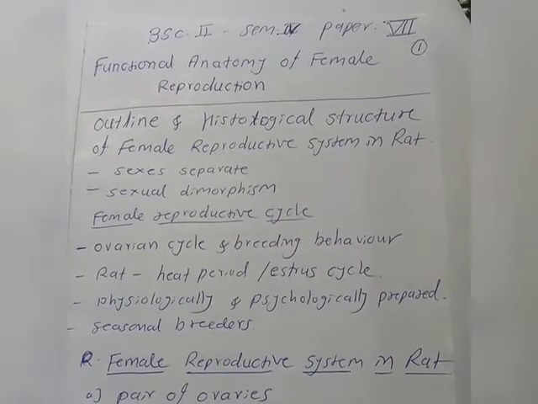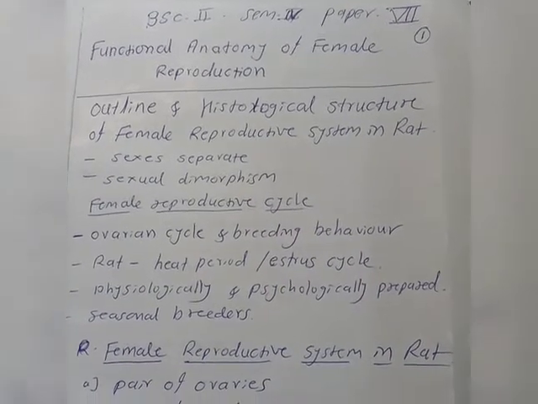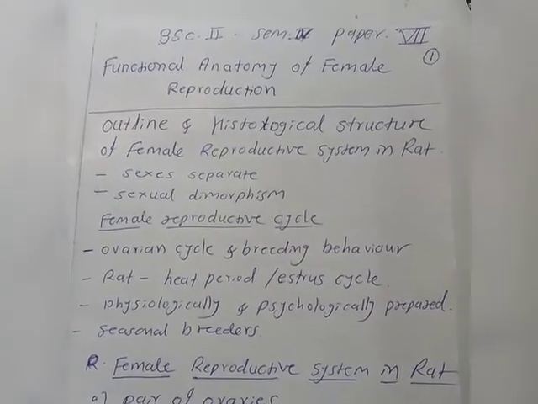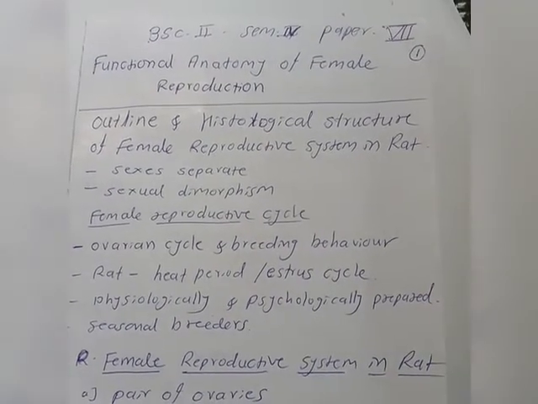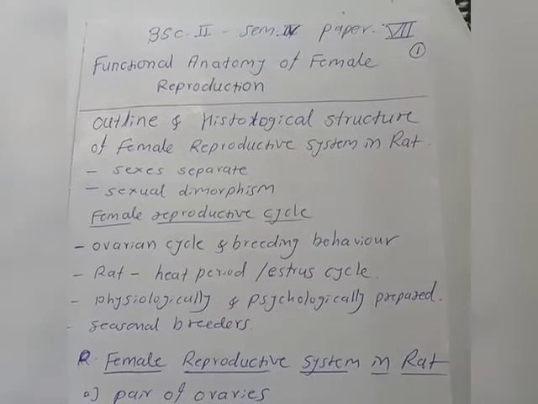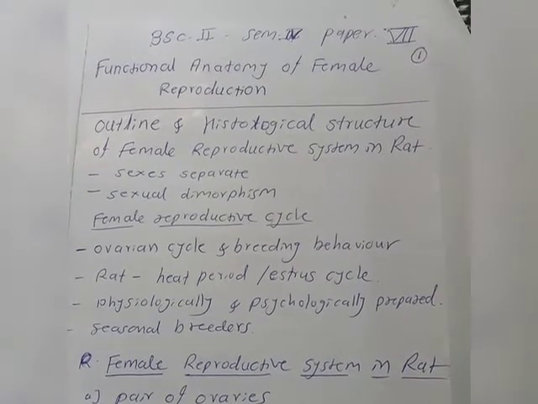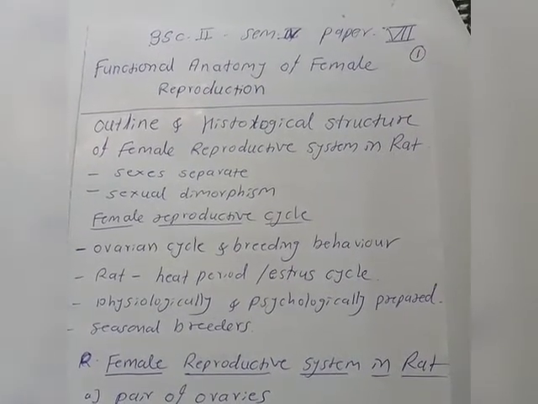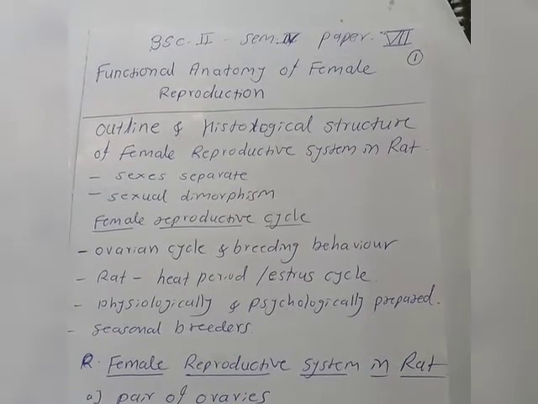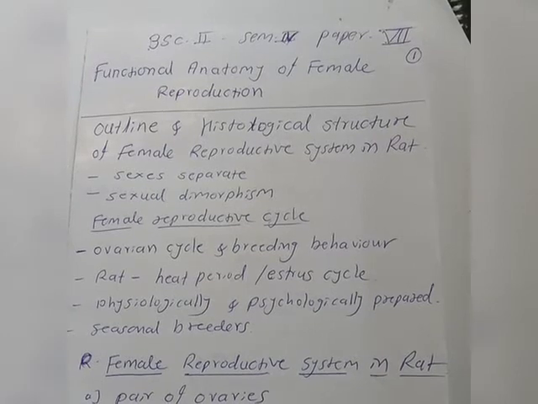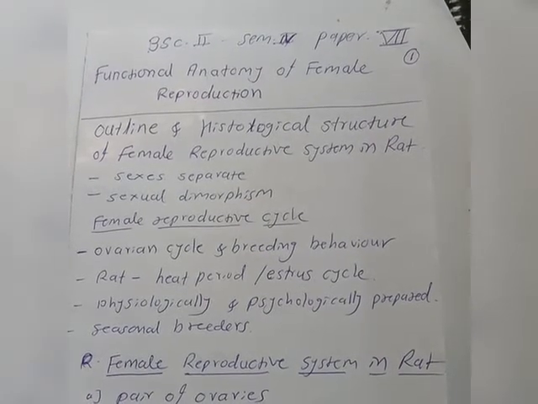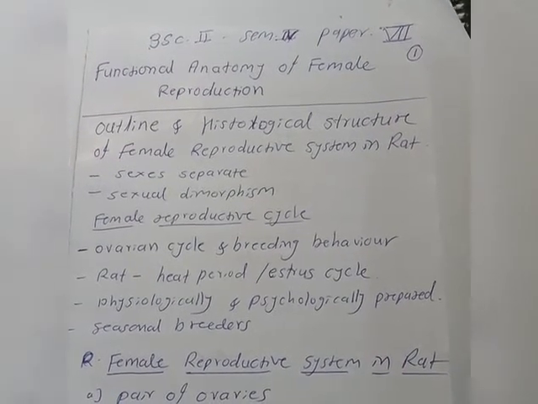In rat, there is an estrous cycle, and during this estrous cycle, the female is physiologically and psychologically conditioned to receive male, and there are structural changes suitable for breeding behavior in the female reproductive tract.